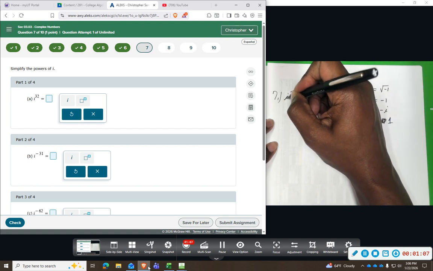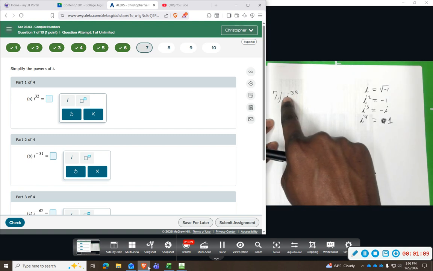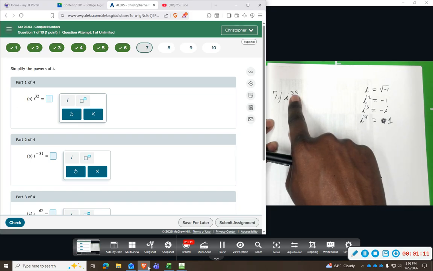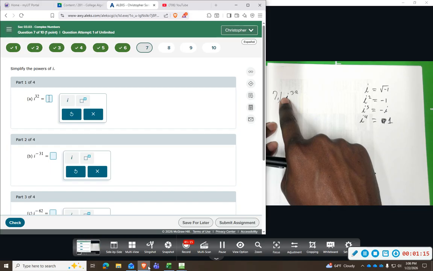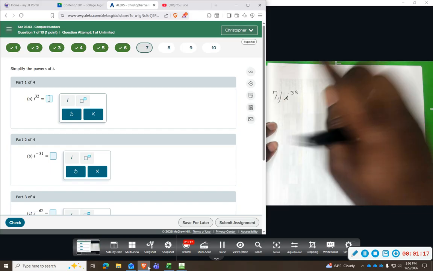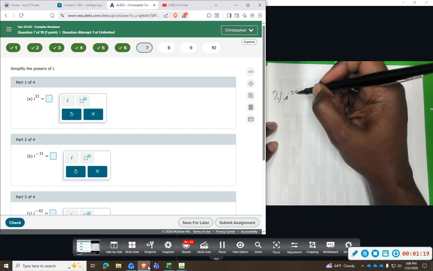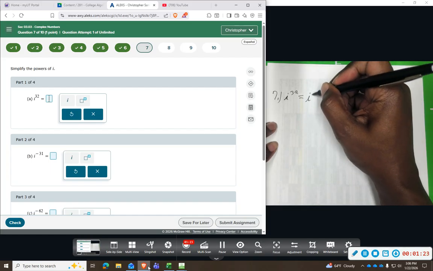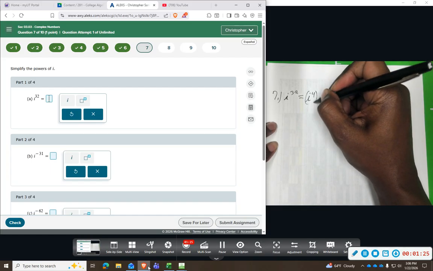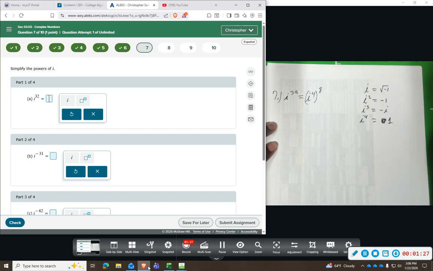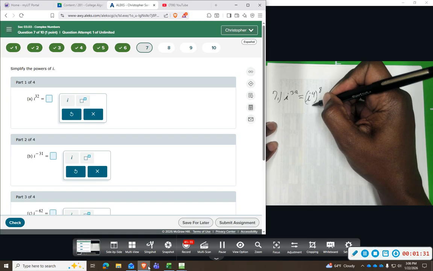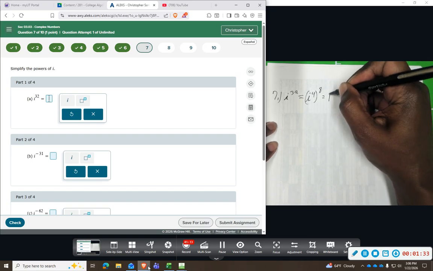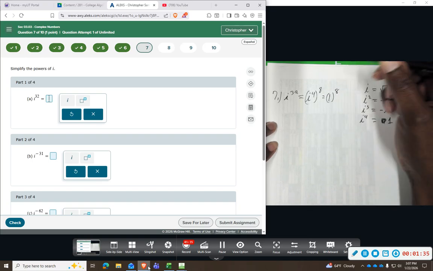So what I want to do is rewrite this as a multiple of 4. 32 is already a multiple of 4; 4 times 8 is 32. So using properties of exponents, I can rewrite this as i to the 4th raised to the 8th power. i to the 4th is equal to 1, so this is the same thing as 1 raised to the 8th power.